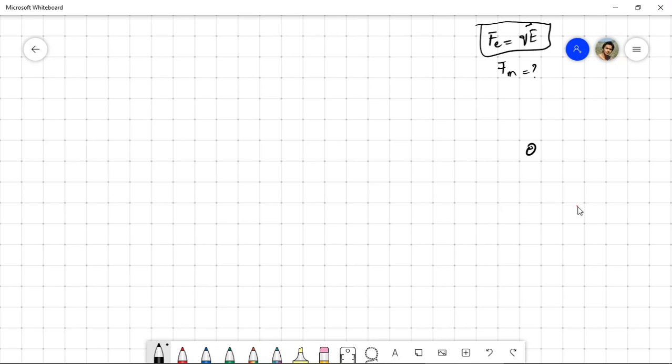Which means that if we have this charge moving with a velocity u, and at the same time we have a magnetic field through which this charge is moving, then there will be a force which acts on this charge, and that force basically will be the magnetic force.